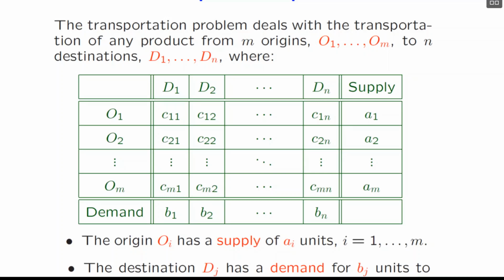Suppose the origins are some warehouses and the destinations are some retail outlets. So our problem will be to minimize the cost of transportation.